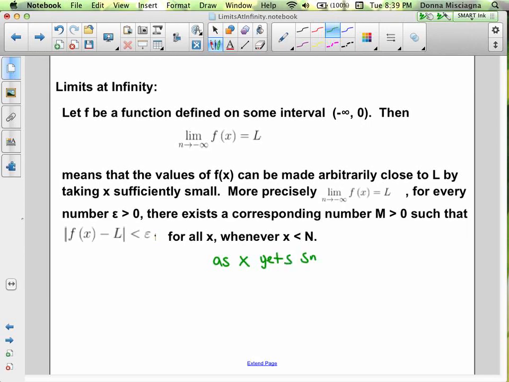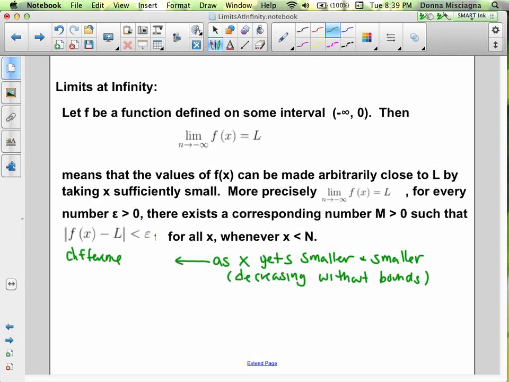As x gets smaller and smaller, so it's decreasing without bounds, it goes this way, the difference between the value of the function and the limit gets smaller and smaller.